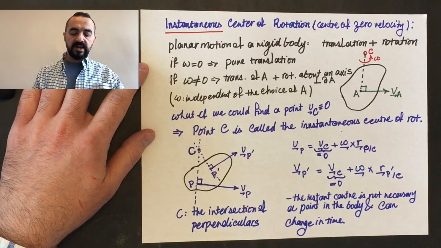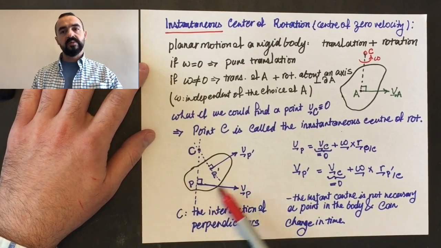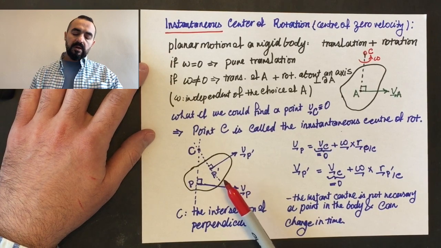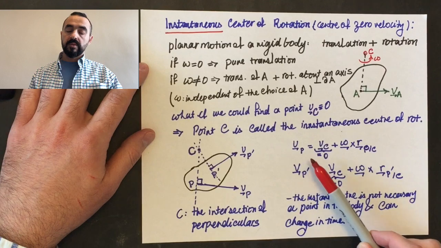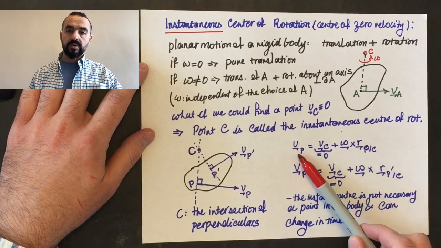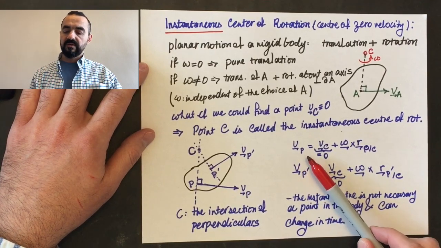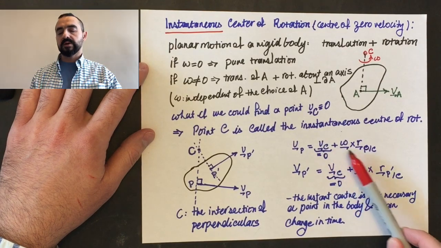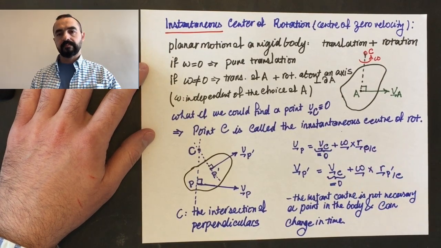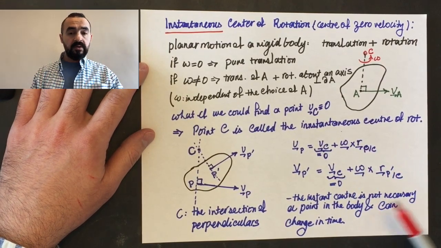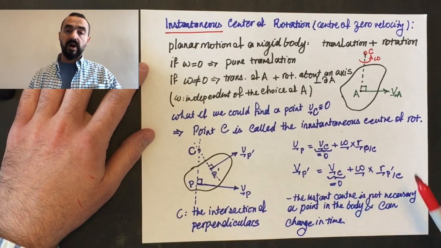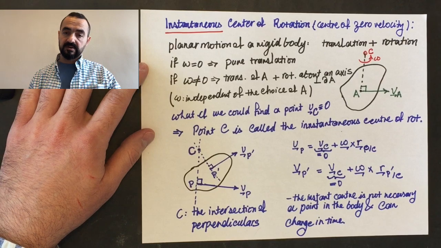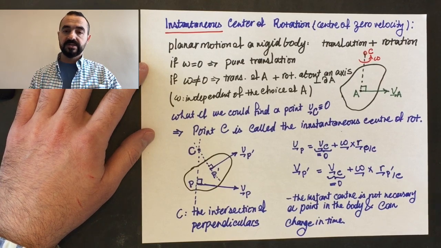So now let's look at this rigid body, an arbitrary rigid body. Let's say I'm writing out the velocity equation for this point P. Vp is Vc plus omega cross Rp with respect to C. Let's say I found this point C. Because by definition it's the instantaneous center of velocity, the velocity is 0.